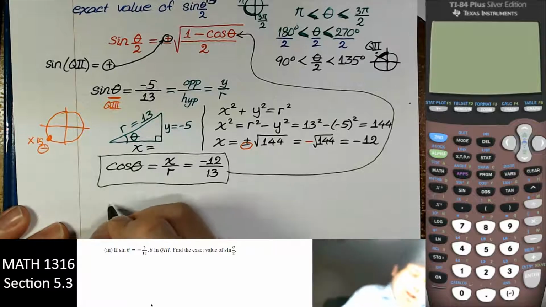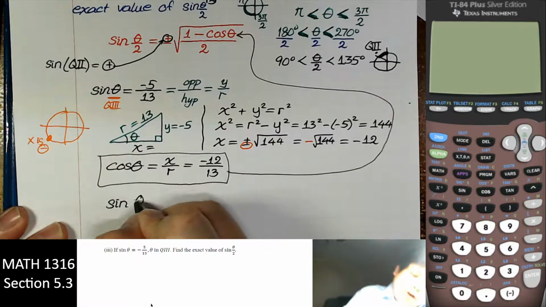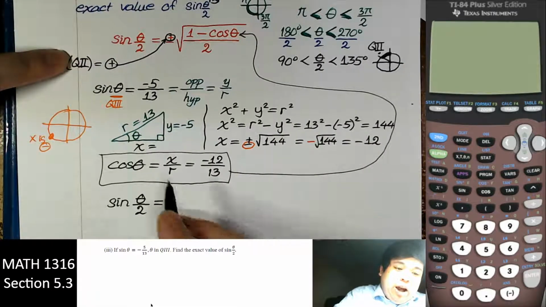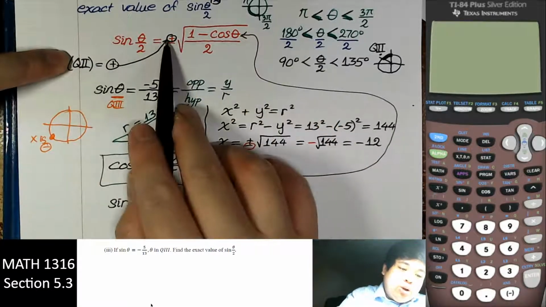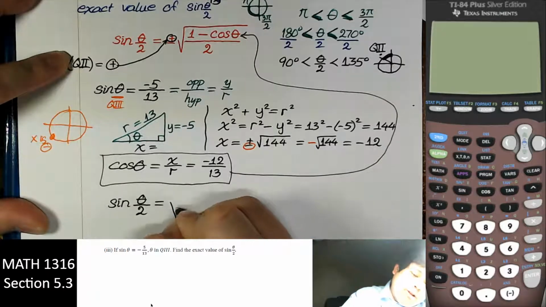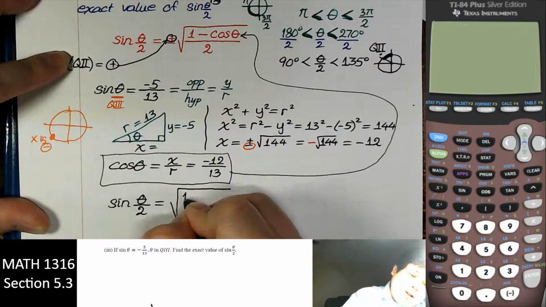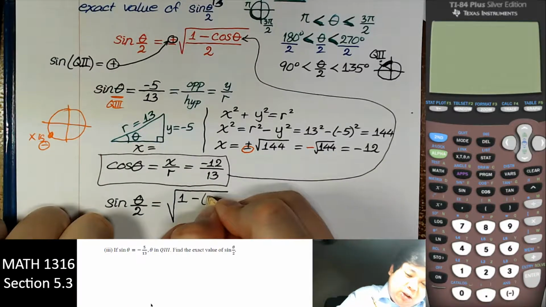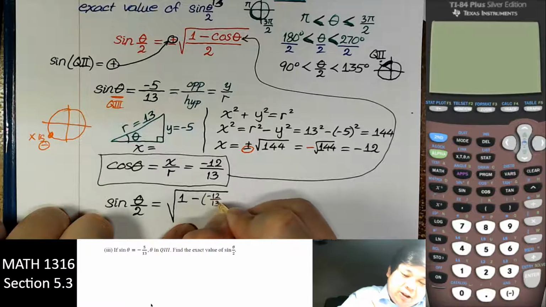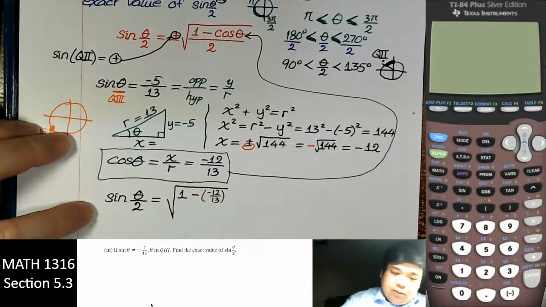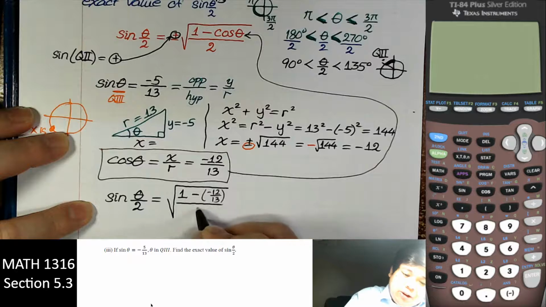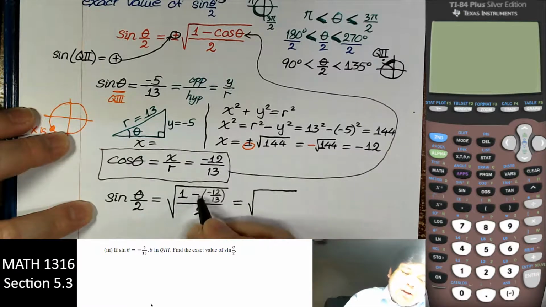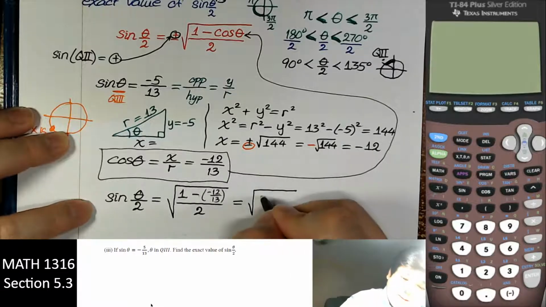Bottom line is sine of theta over 2 equal to, half angle is in quadrant 2, so it's positive, square root of 1 minus cosine, which is negative 12 over 13, divided by 2. Negative, so that's positive.